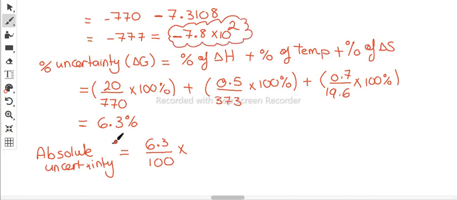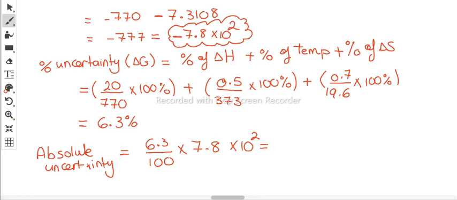When you want to multiply by the value another time, there is no need at all to take the negative. So 7.8 times 10 to the power of 2. The negative is only used as an indication of having an exothermic chemical reaction. This is something related to the energetics chapter.